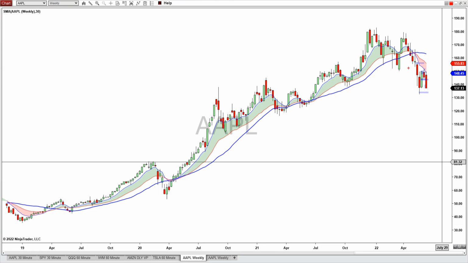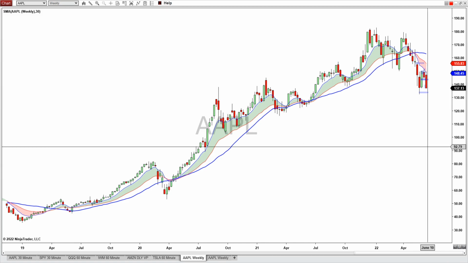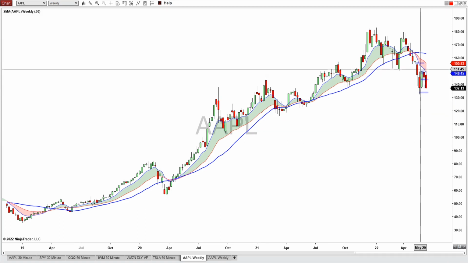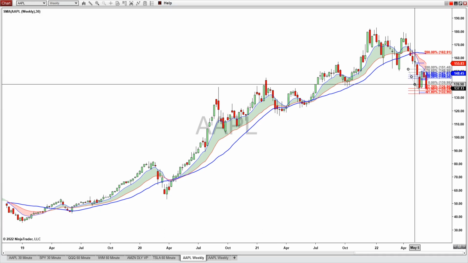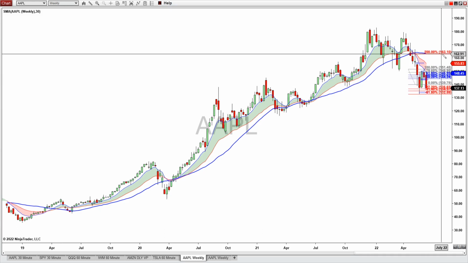If that is the case, then look for a potential break back above this level here, which would be somewhere around 150, 151. And if we could break above that, we do a major move here to see what that will trace out, and that would possibly come up to this 163.